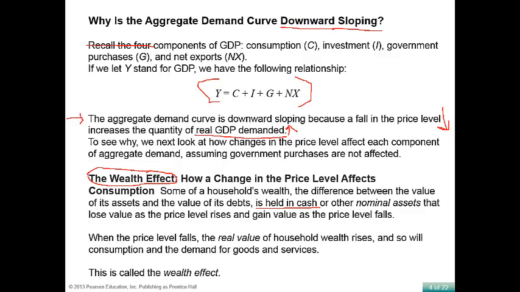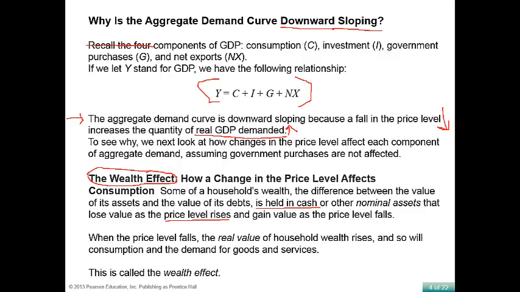Cash is also an asset, but as we'll learn, the value of cash may rise and fall, which will directly affect the price level, which will be a one-to-one relationship. So as the price level rises, the value of these assets will fall because the value of the dollar goes down, and vice versa.